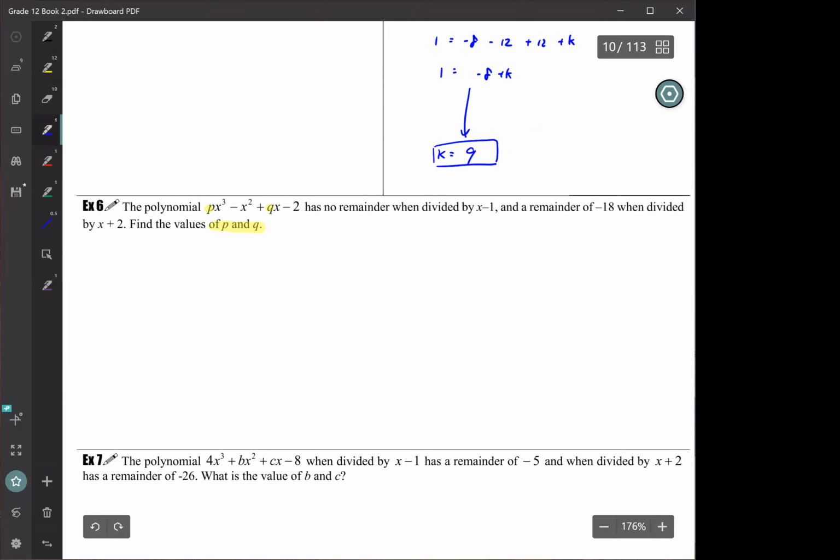Okay, so still using the same way: remainder equals P of divisor equals 0. I'd like you to try to set it up. There are two parts to this, so you will get two lines. One is using the x minus 1, the other one is using x plus 2.